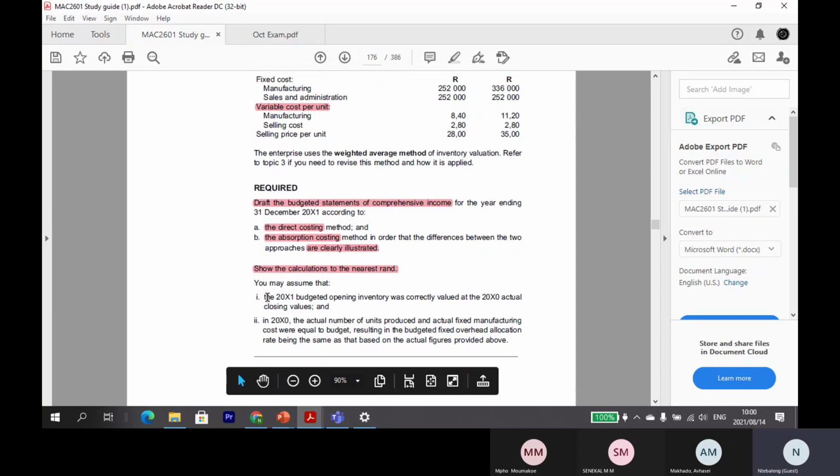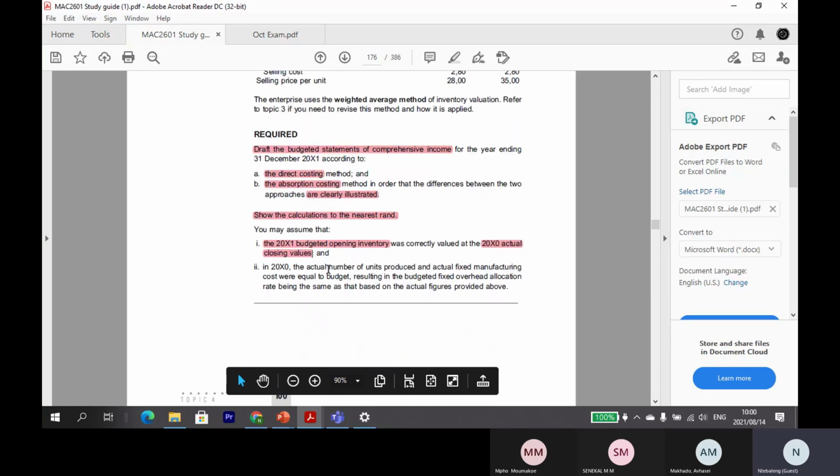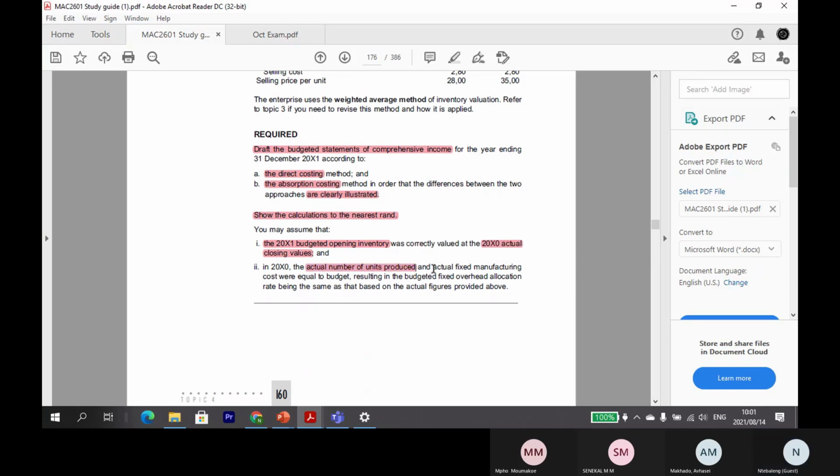And you may assume that the 2021 budgeted opening inventory was correctly valued at the 2020 closing values. So they're saying that you must consider that in terms of how you value your opening inventory. And in 2020, the actual number of units produced and actual fixed manufacturing costs were equal to the budget, resulting in the budgeted fixed overhead allocation rate being the same as the actual.